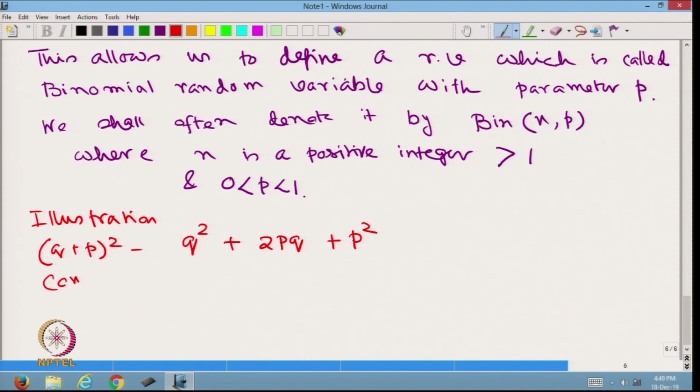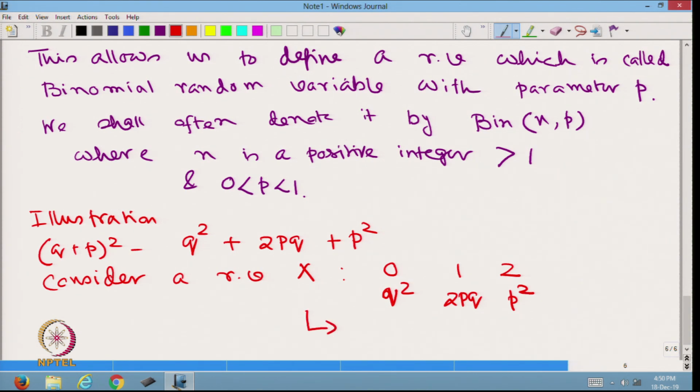Consider a random variable x such that it takes values 0, 1 and 2: 0 with probability q square, 1 with probability 2pq and 2 with probability p square. Then this x is a binomial random variable with parameters 2 comma p.